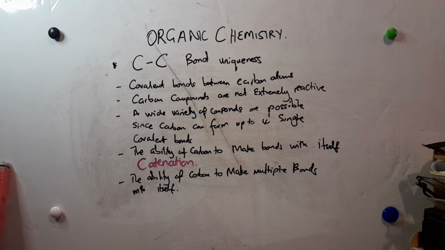Like I said, this is just an introduction, so I'm just trying to pull some important facts that can help you in organic chemistry, right? You don't have to be scared about this. Organic chemistry is enjoyable once you grab the basics. So the important thing is to grab all the basics, right?